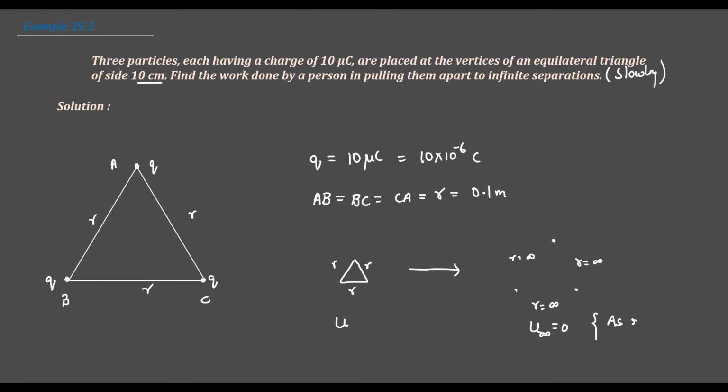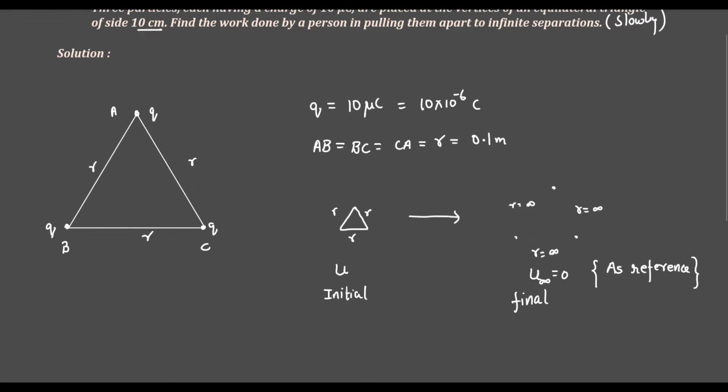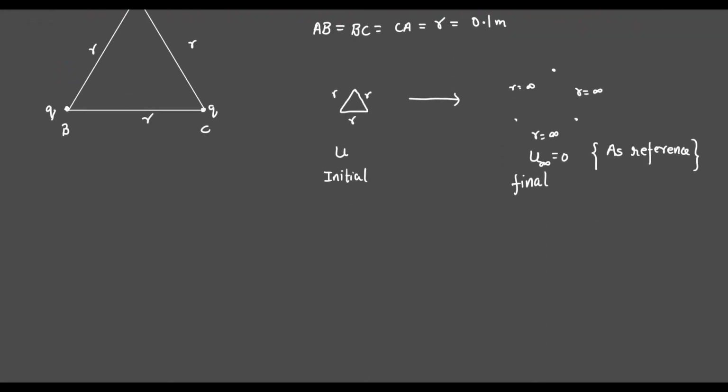I am assuming that this is the initial configuration, and this one is the final configuration. Let's suppose the total energy here I'm going to call T initial, and finally it will have some T final.